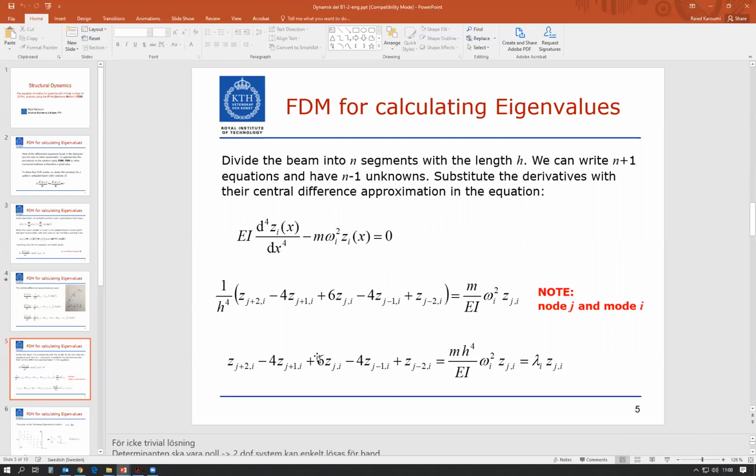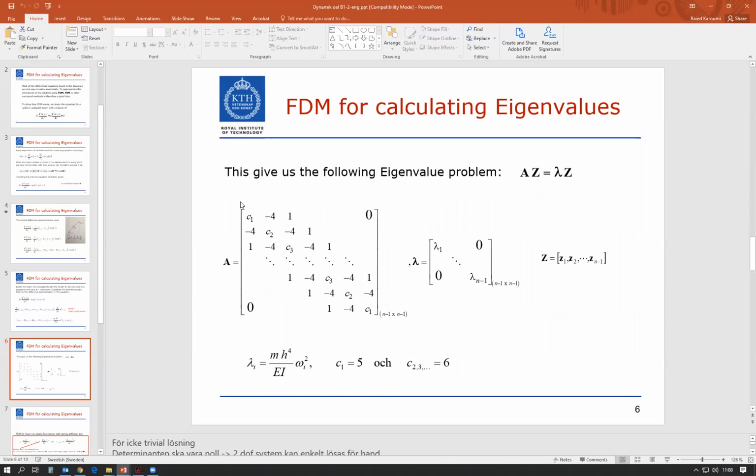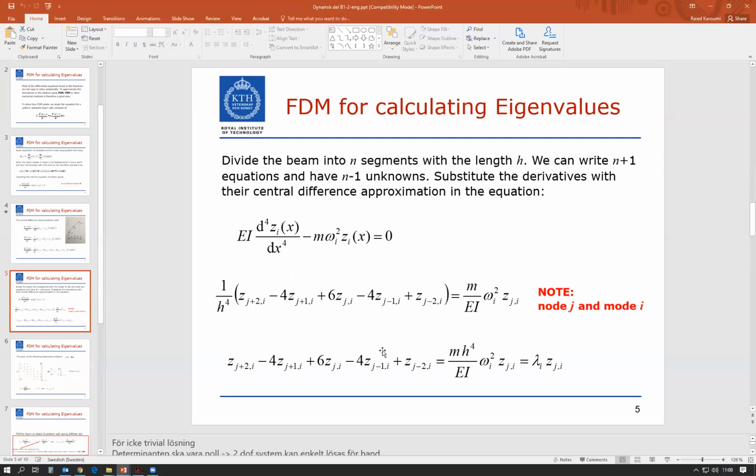We'll have a look at an example. Normally I would do this example on the board, but I will show you the solution and we go through it very soon. When we do this, we'll end up with a very nice solution that will be done by this matrix A. So we'll see how to do this.